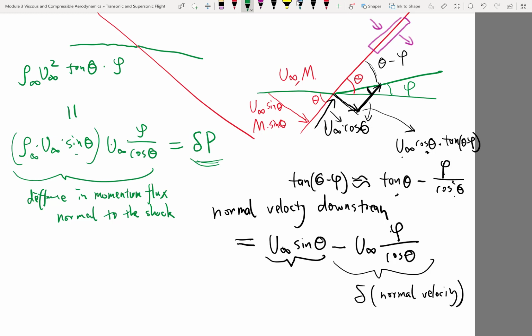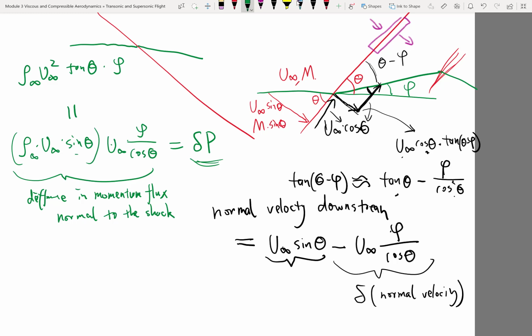That's equal to delta P. You can do exactly the same analysis for a flow that turns down. So if I have what we call an expansion wave, that's like a reverse shock wave. An expansion wave is actually different from a shock wave in the sense that it's finite thickness, right? The flow kind of turns an angle. But for small disturbance theory, it doesn't make any difference because there is almost a zero pressure loss in both cases.